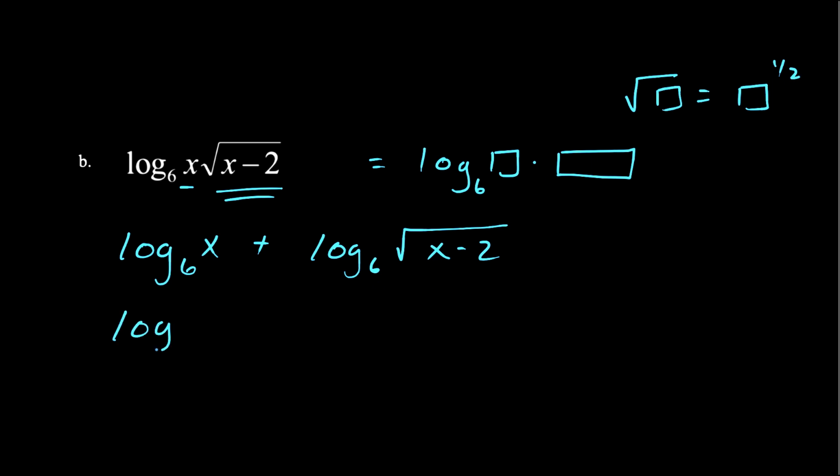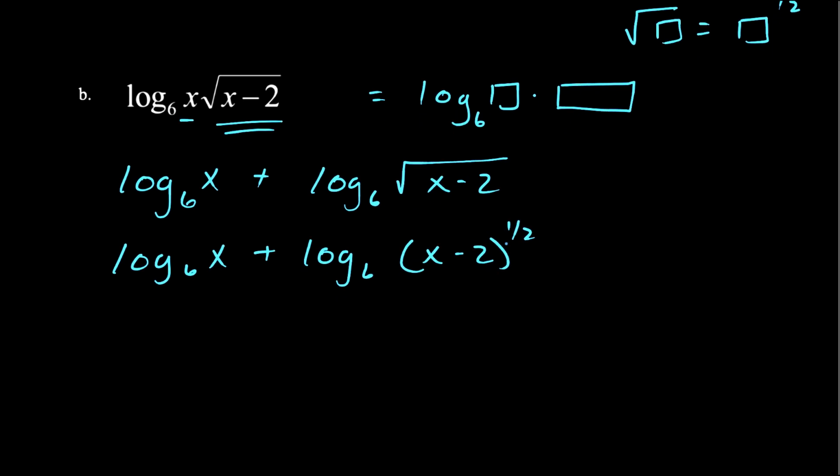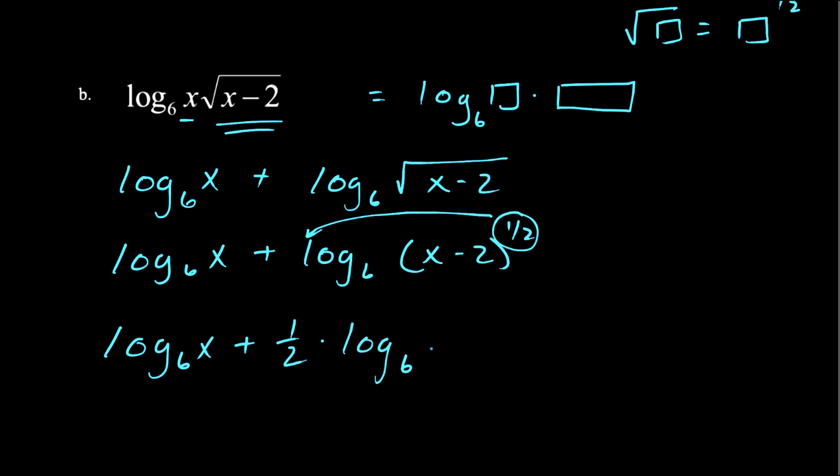So we're going to have log base 6 of x plus log base 6 of the quantity x minus 2 to the 1/2. And let's go ahead and use that power rule there where the 1/2 is going to come out as a product. So we're going to have log base 6 of x plus, and remember, here it is, this is going to come out front, is going to be 1/2 times log base 6 of x minus 2.